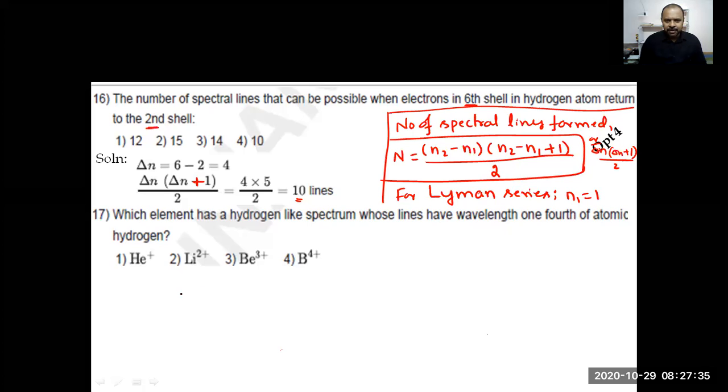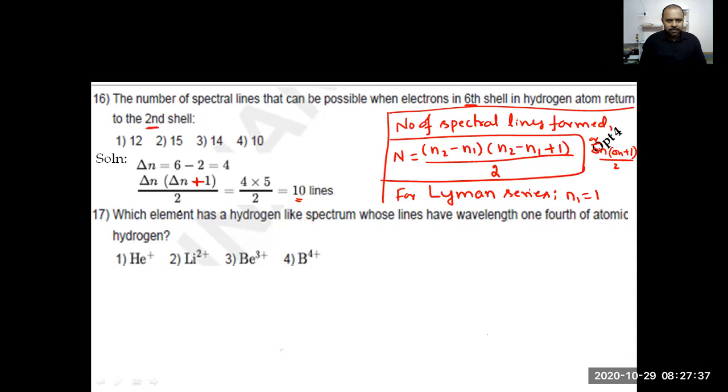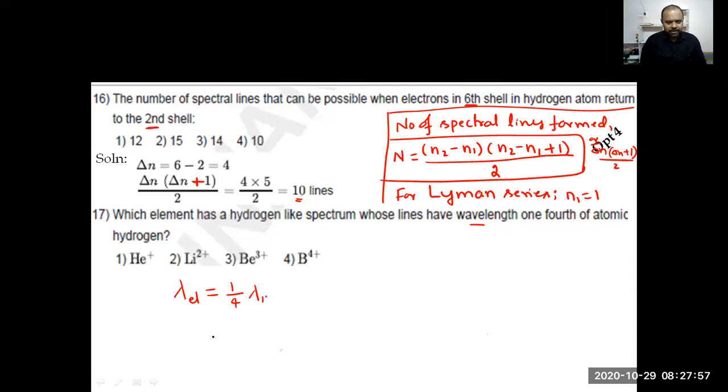So they have given this like this. Which element has hydrogen-like spectrum whose lines have wavelength 1/4 of the atomic hydrogen. So wavelength lambda of the element, I'll say EL for element instead of writing completely, is 1/4 the wavelength of hydrogen. Correct?